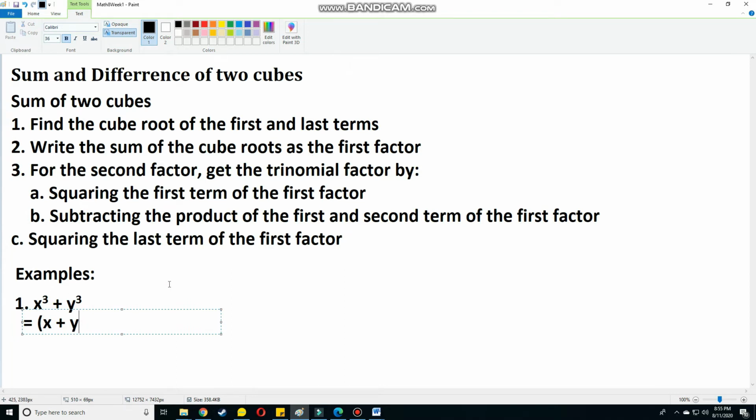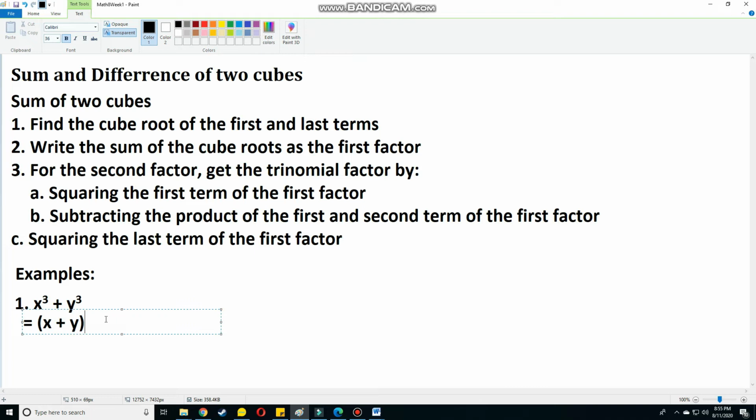So therefore it would become the quantity of x plus y. What is the cube root of x cubed? That's x. What is the cube root of y cubed? That's y. So now we have the quantity of x plus y as our first factor.